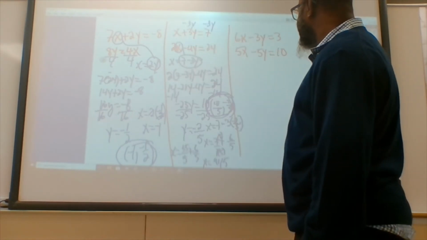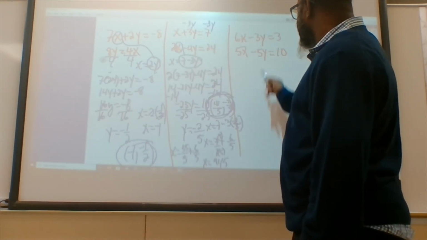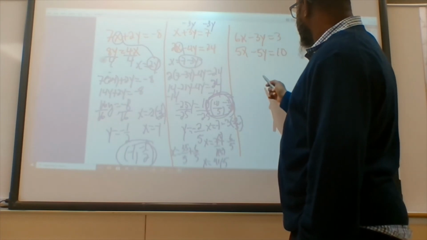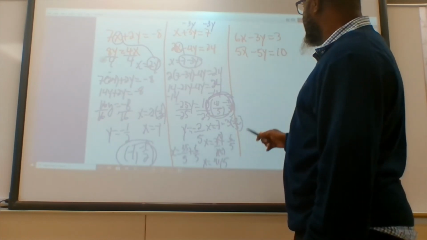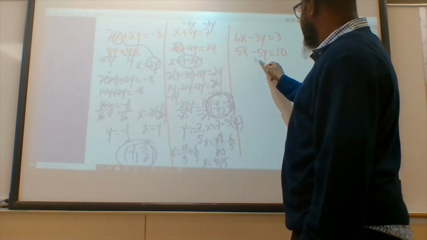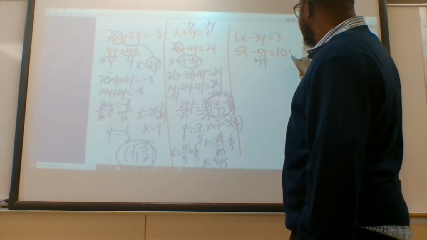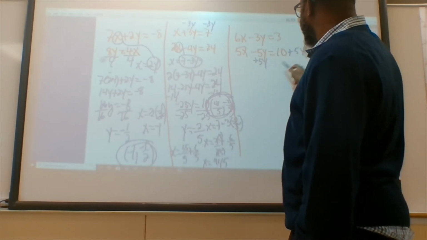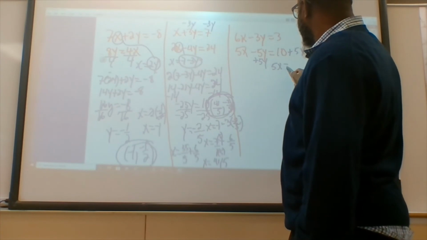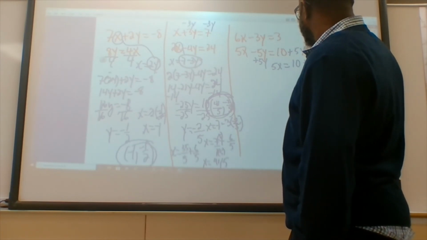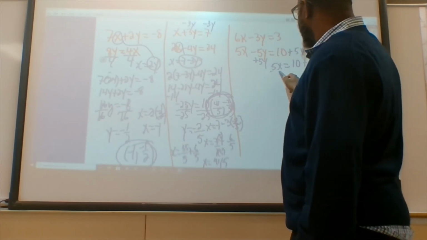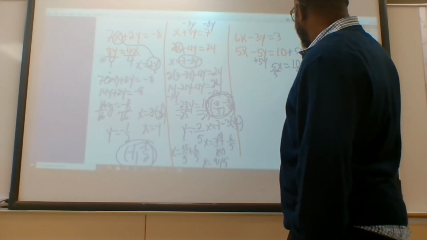So in this one, it will be easy to solve for y or solve for x. First of all, for x in this second one, I will add 5 on this side and 5 on this side. Then I will have 5x equal 10 plus 5y, divided by 5, divided by 5.